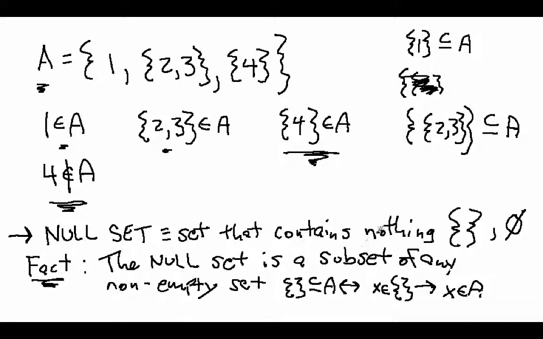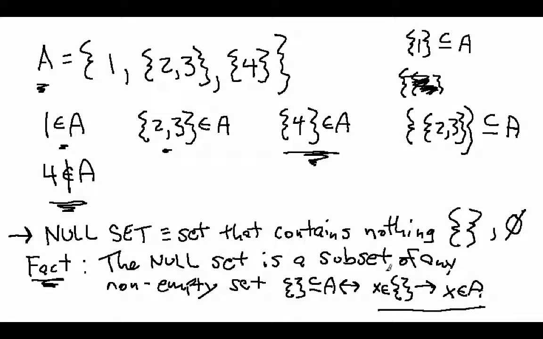Now, let's think about what that's saying. We're saying over here that the empty set is a subset of A if and only if, and then we have to come over here. The definition of being a subset means that if an element is in this set, then it's in that set. So we're rewriting it over here: if X is an element of this empty set, then that would imply that X is an element of A. The question is, is this a true implication? Well, here's the weird part.